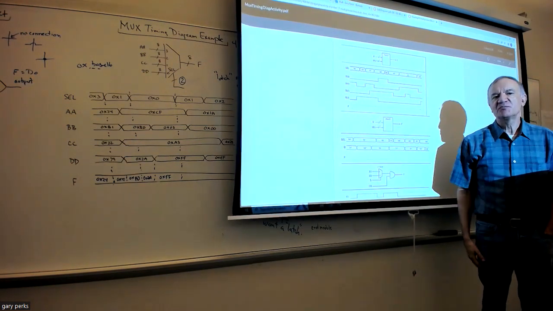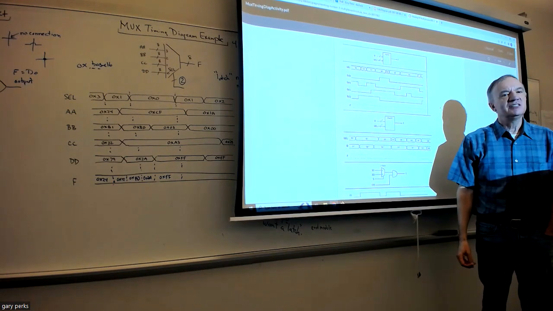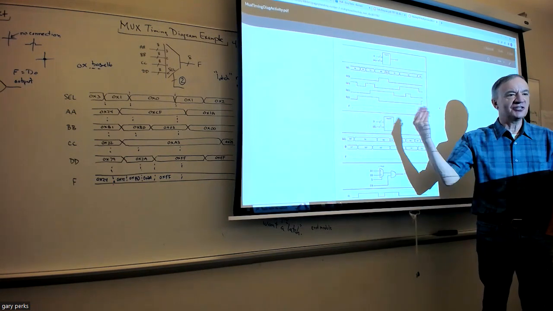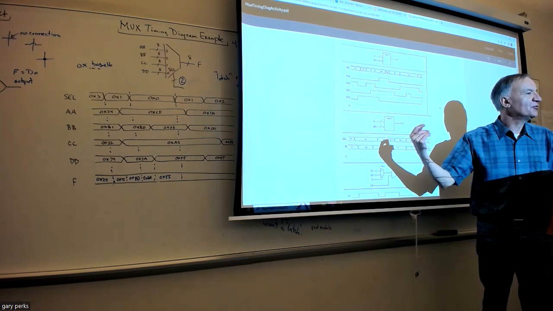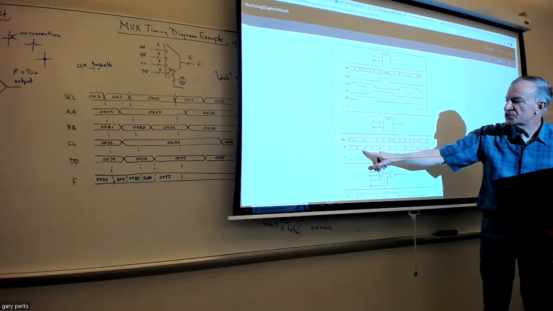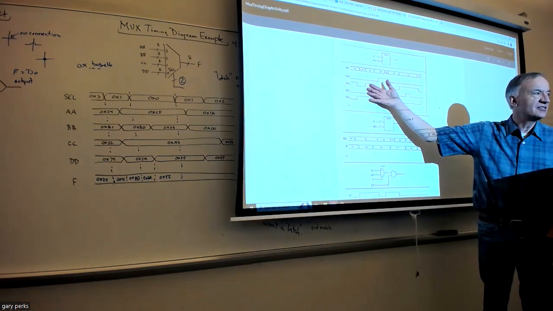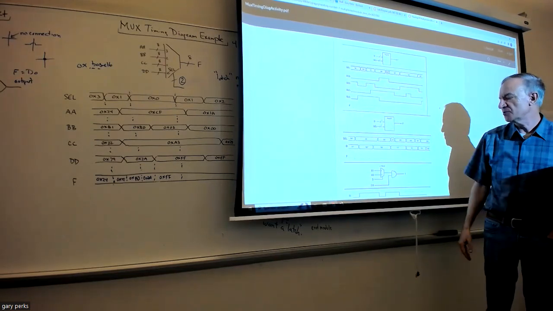What is 1 in hex equal to in binary? 0001, right? So your least significant bit would be a 1: D0 would be a 1, and D1, D2, and D3 would be 0. This is a shorthand way of writing what was done up here. This is the long way, and this is the short way.